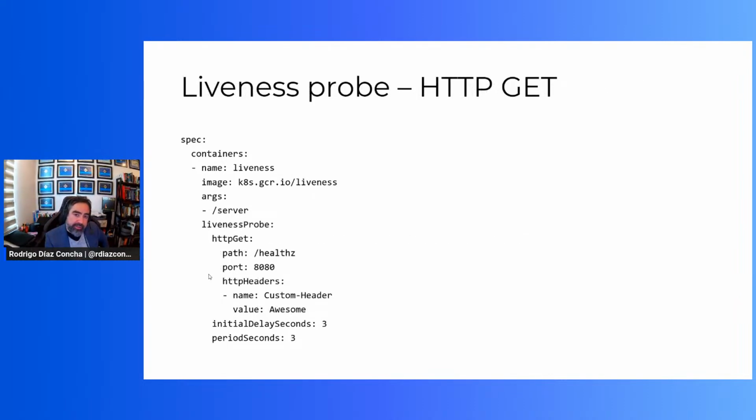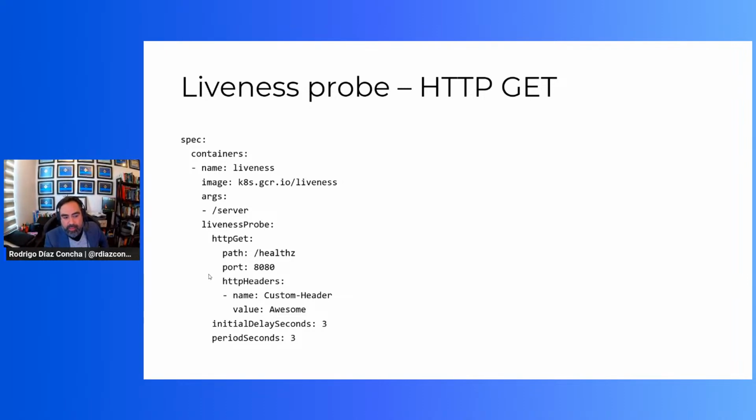So here's another example with a different technique. In this case, it's using HTTP GET. As you can see, it's using another container image, which is Liveness. Liveness is another container image that comes from Kubernetes, and it allows you precisely to test this.